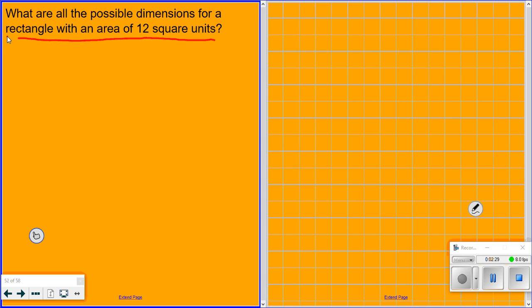What were the dimensions of the shape that you drew?